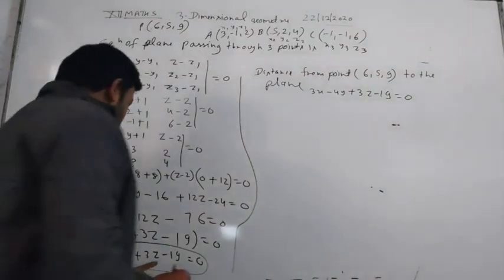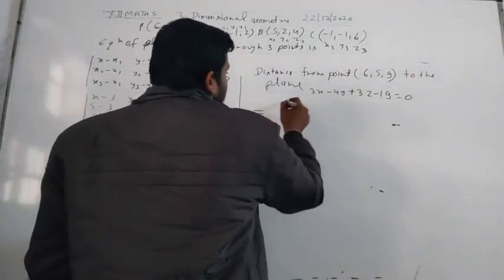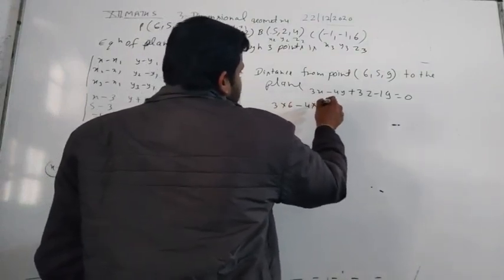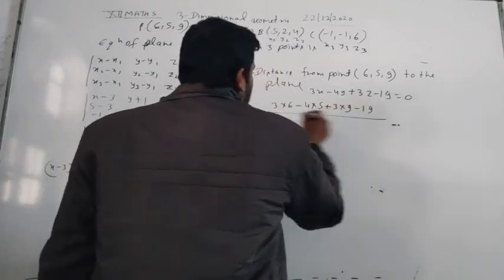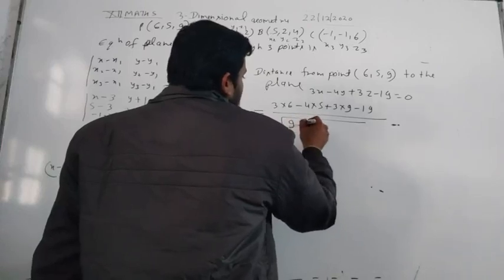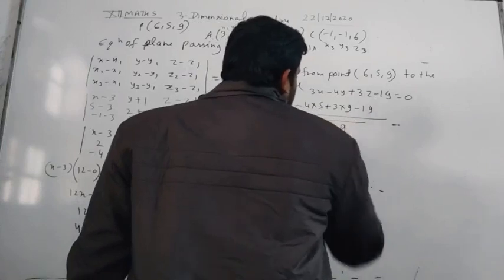So we will write the distance is equal to what? Ax1 plus by1 plus cz1 plus d, so 3 into 6, minus 4 into 5, plus 3 into 9, minus 19, divided by the square root of a squared, which is 9, plus b squared, minus 4 squared, plus c squared, 9.